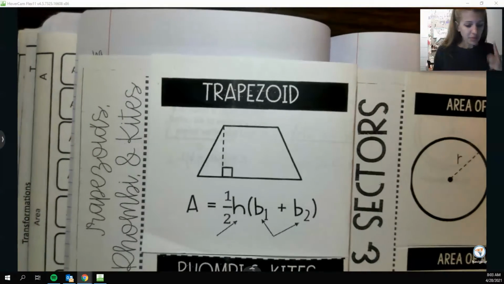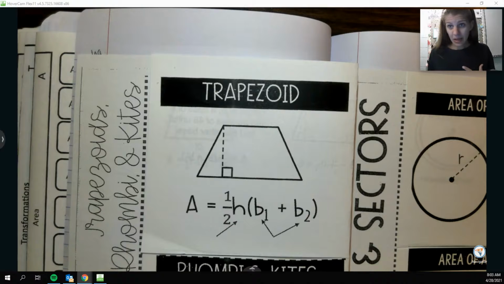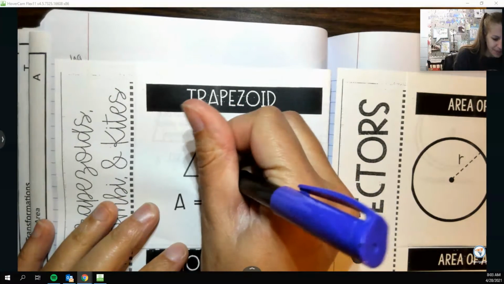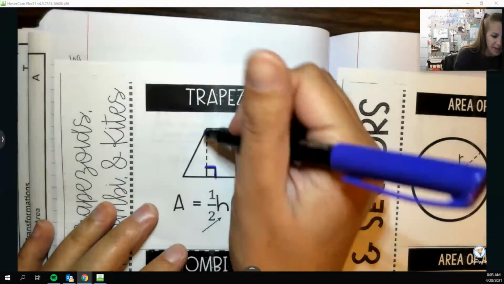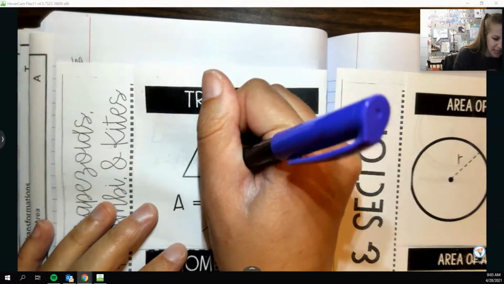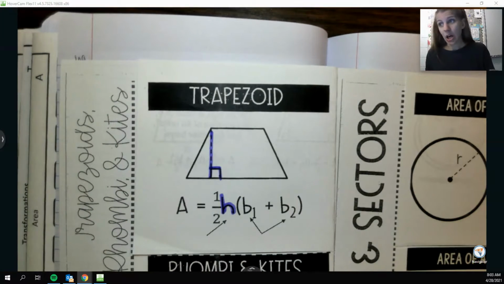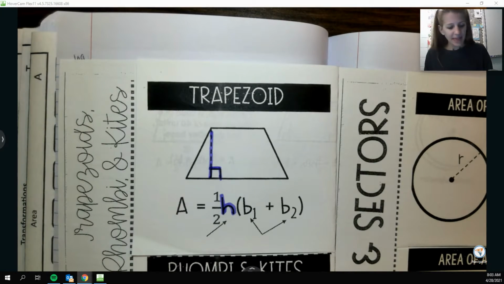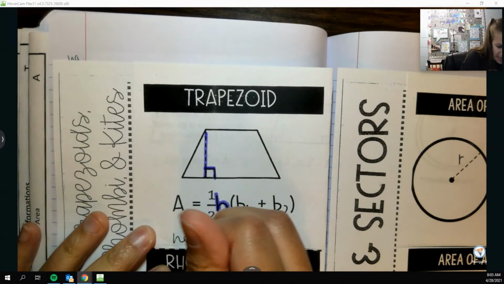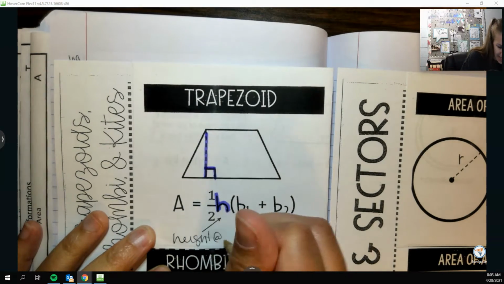So kind of like with our parallelograms and triangles, we're looking for that 90, because wherever I have a 90, I have a height. So my height is always at a 90. Always, always, always.